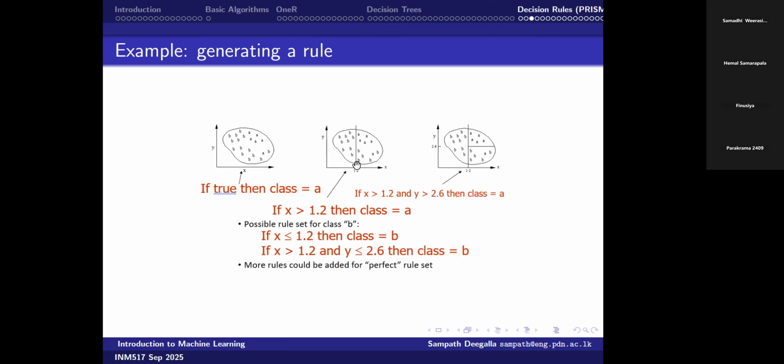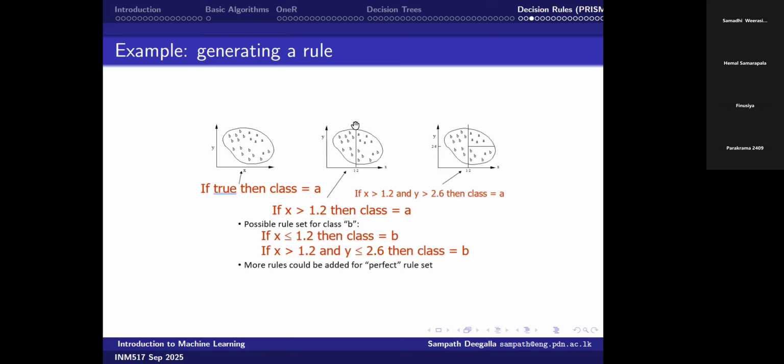But if you can identify some place on the x-axis which separates A from B like this, you can see some of the B's are here, we separate, and then all the A points are on the right-hand side. We can find a split point.